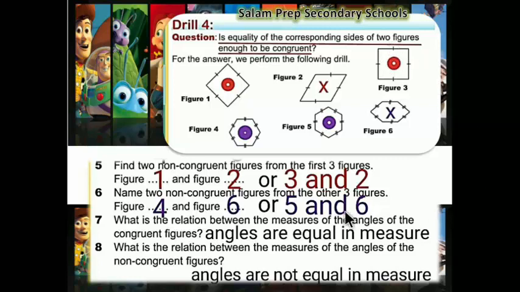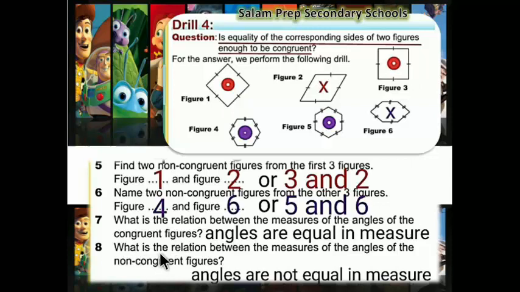You will find angles are equal in measure. Figure 1 is square, figure 3 is square. These two squares have the same angles, right angles.